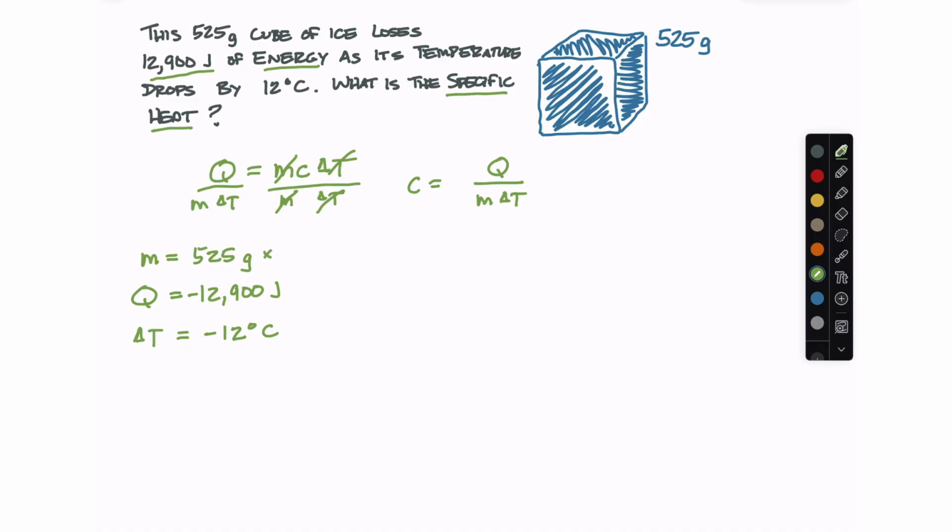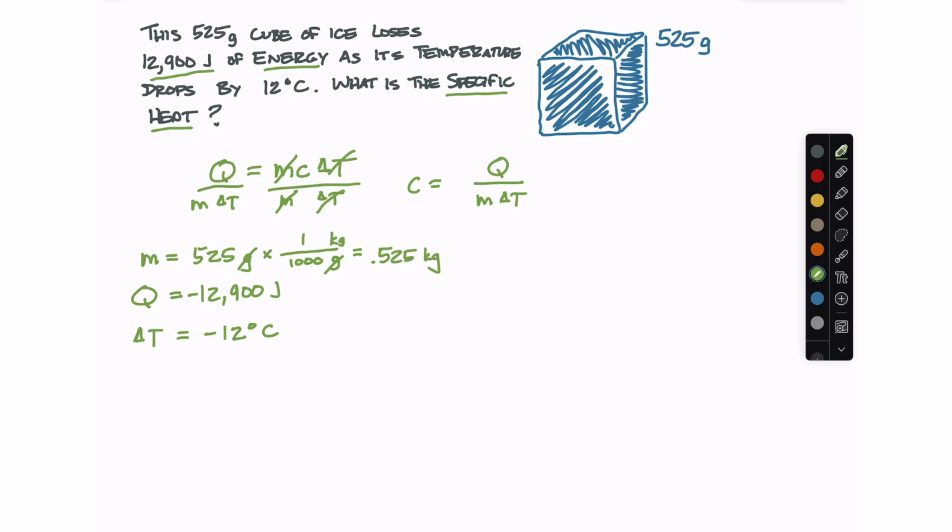All right, one other little detail before we plug this into our equation. Recall that in physics, we often work our problems not in grams, but in kilograms, and it might behoove us to go ahead and do that now. Let's just say 1,000 grams were a kilogram, because that's true. And let's divide 525 by 1,000 to turn that into kilograms, and we could write that number as 0.525 kilograms.